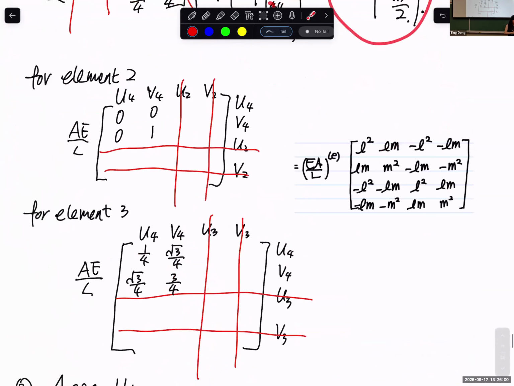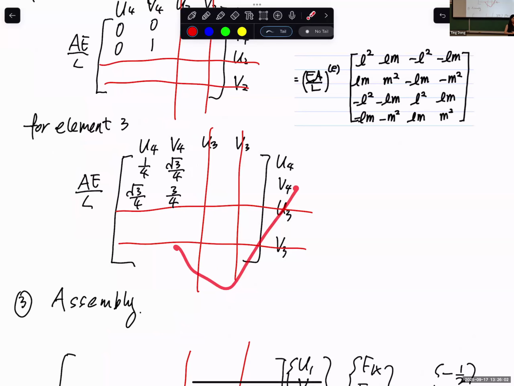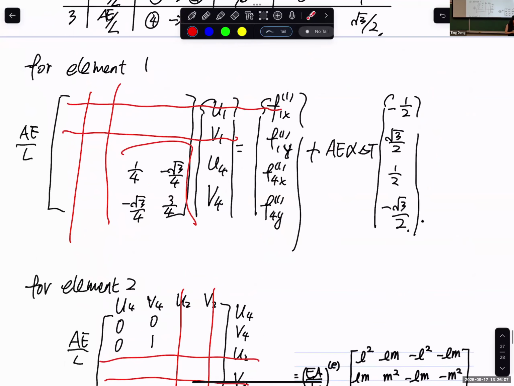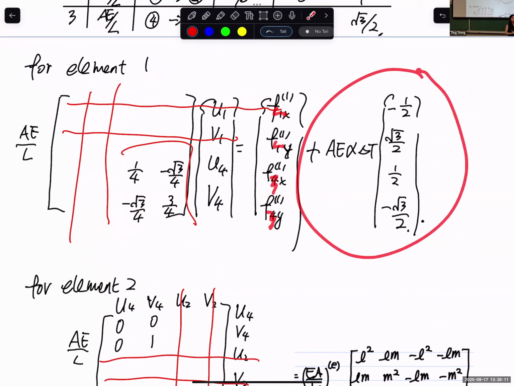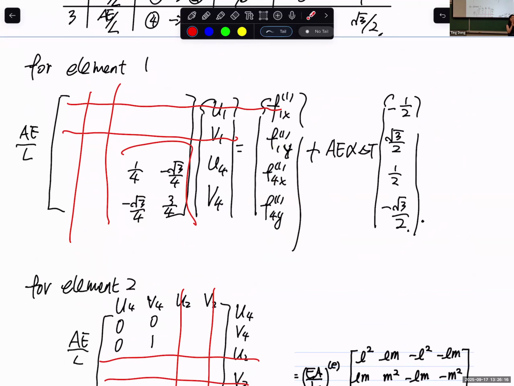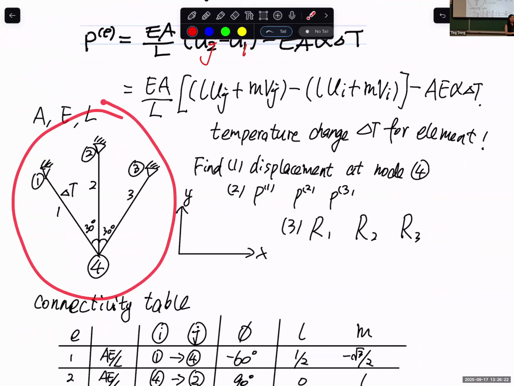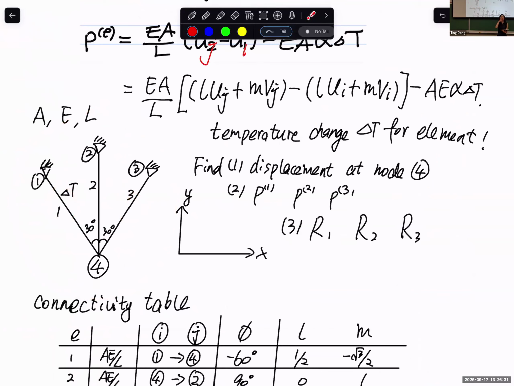Makes sense or not? The same thing, if I write the complete equation for element 3, it should be 4, 4, 3, 3, and again this term is 0, because there's no temperature change in element 2 and element 3. So that's our problem statement: only temperature change in element 1, 0 temperature change in 2 and 3. Yeah. Any other question?